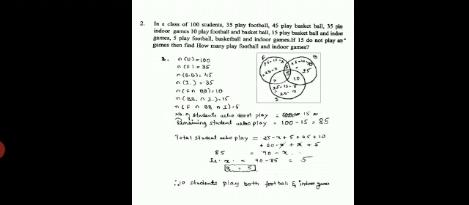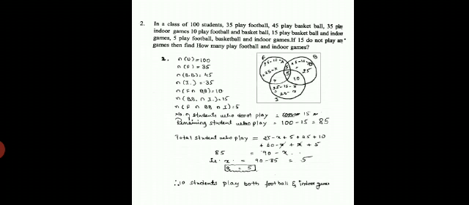That is, here the number of students, n of u, is equal to 100, and n of f, the number of students who are playing football, is equal to 35. n of basketball is equal to 45. The number of students who are playing indoor games is equal to 35.